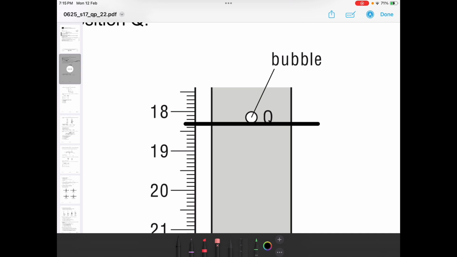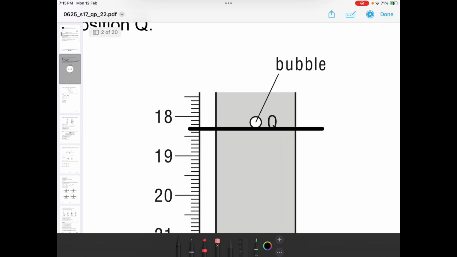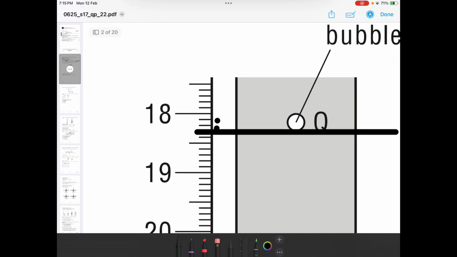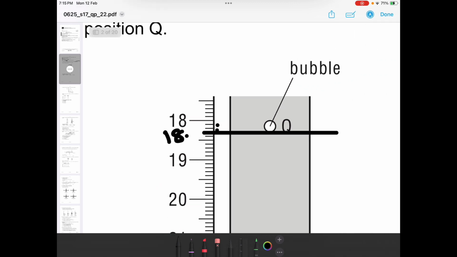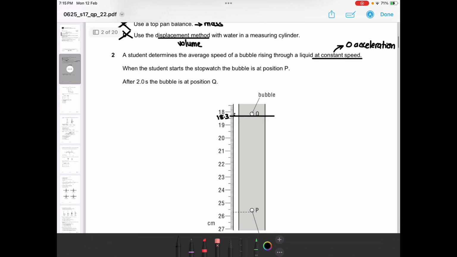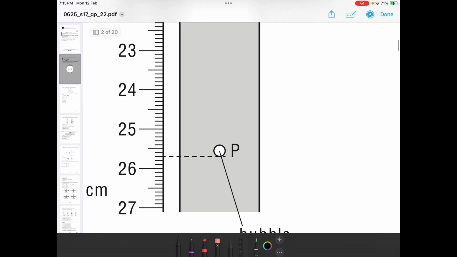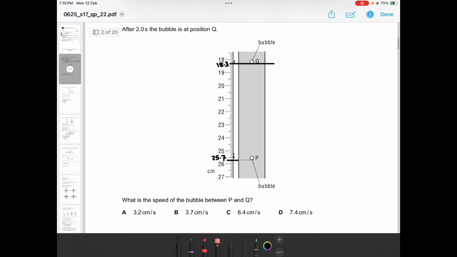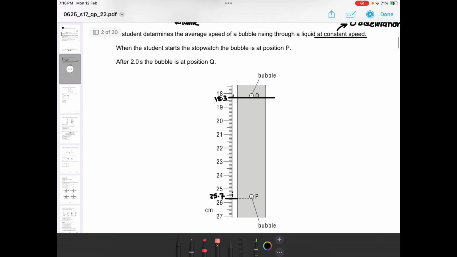So this is 18.1, 18.2, this is 18.3. And P is 25.1, 25.2, 25.3, 25.4, 25.5, 25.6, 25.7. After 2 seconds, the bubble's at P. Alright.